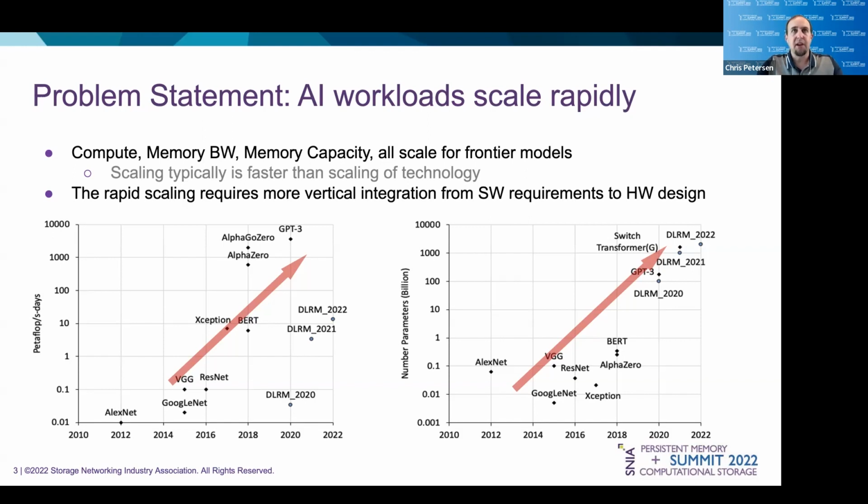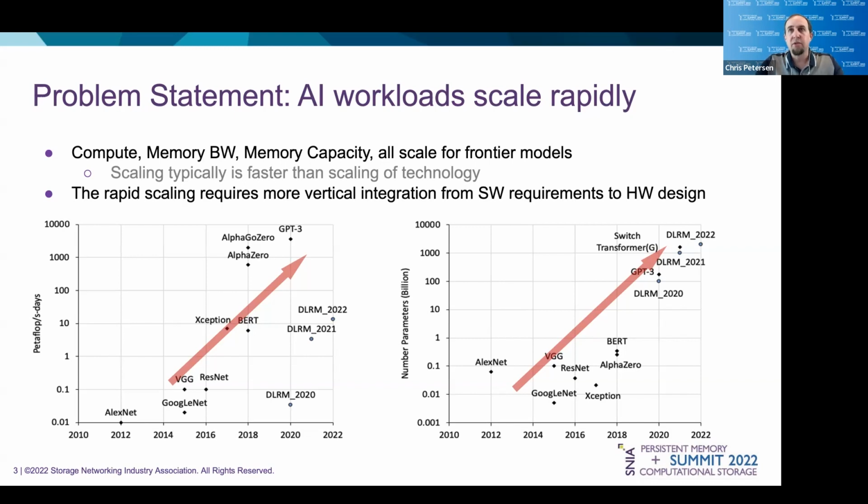The y-axis here is petaflops per second days and is a measurement of computational intensity. The x-axis here is in terms of time. Note that the y-axis is logarithmic, and we see linear scaling, and thus there's actually exponential growth. Here, we can also see that content understanding models are the most computationally intensive.